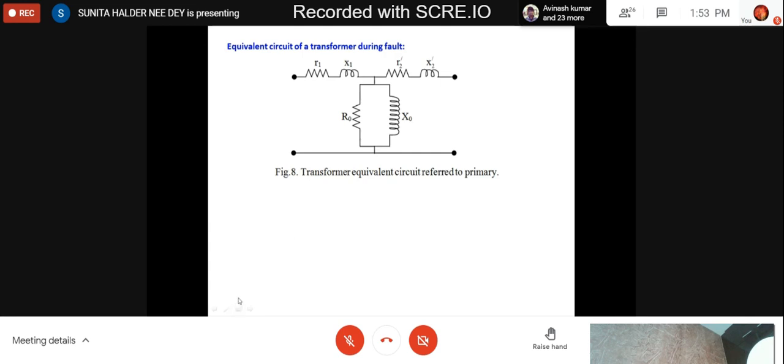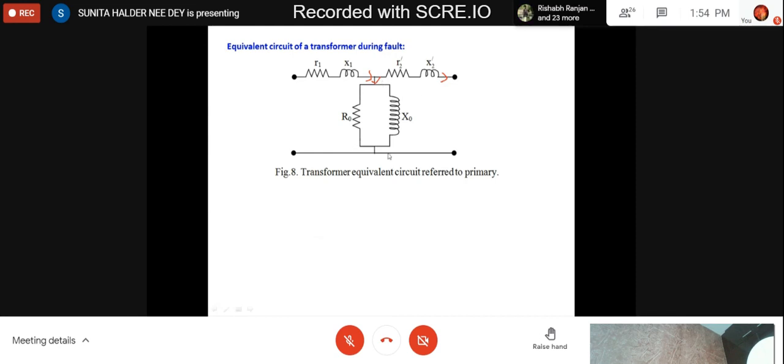Now since we are analyzing a short circuit fault, the currents flow in this direction. Obviously there will be some branch current, but under normal condition this branch current is far lesser than the series current, that is the rated current. During a fault, this series current is much higher than the normal rated current. Then obviously this branch current will be further lesser.